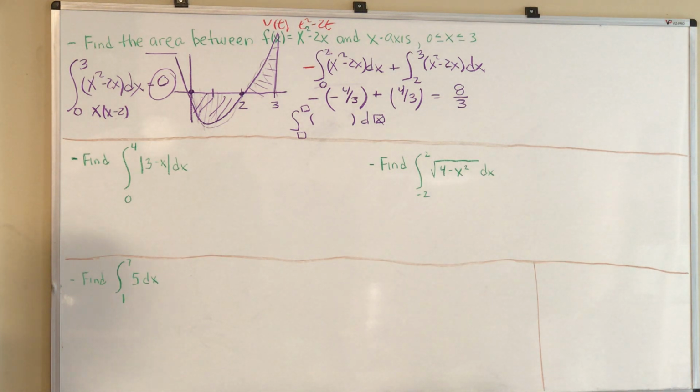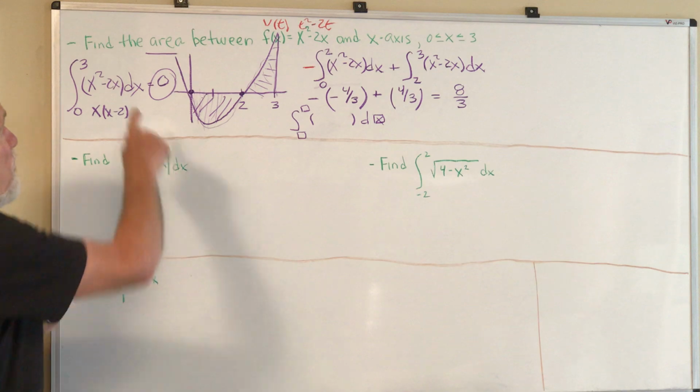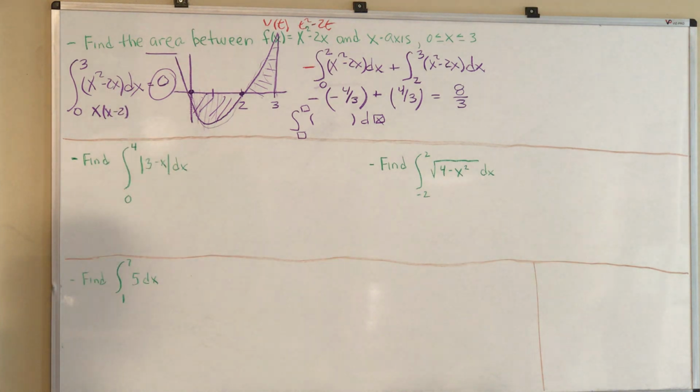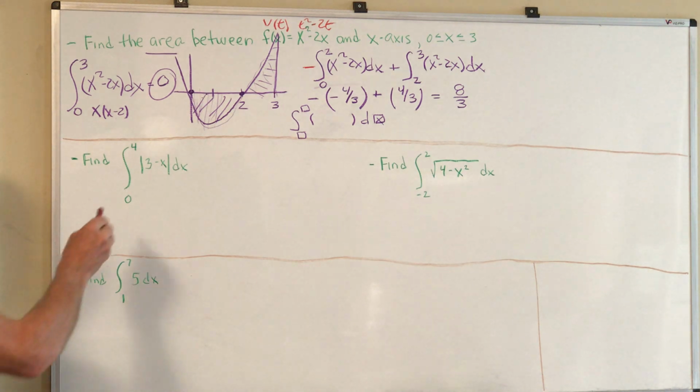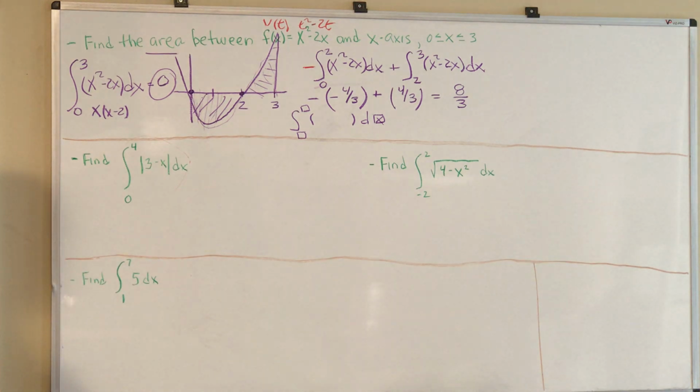Okay, so what do we know so far about integrals? They can find area between a function and the x-axis. We did one example. But besides integrals being able to find area, sometimes area can be used to find integrals. Like, say we wanted to find this definite integral right here.